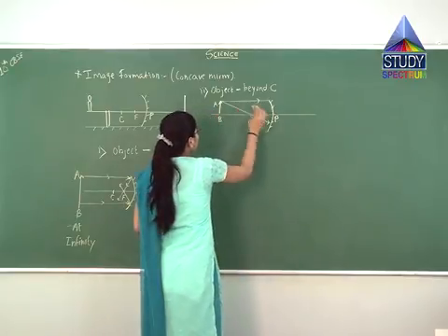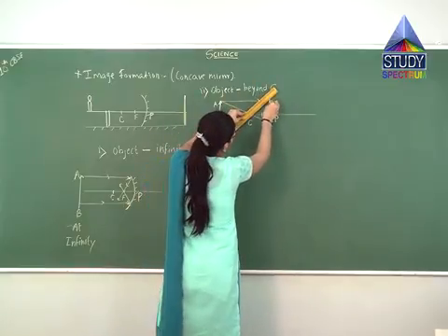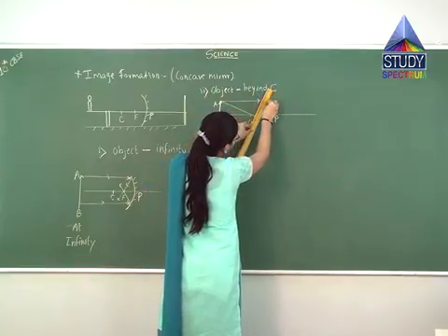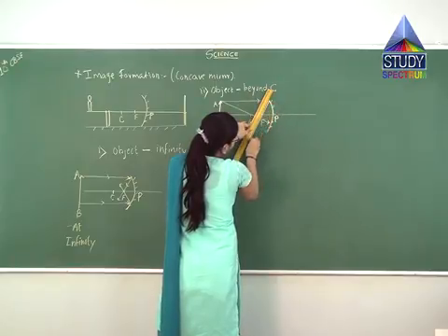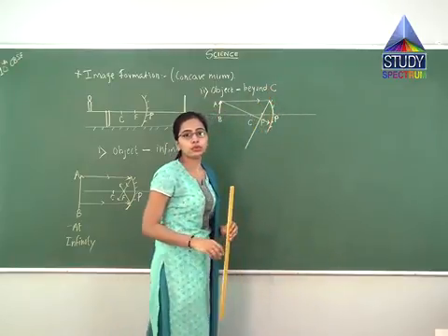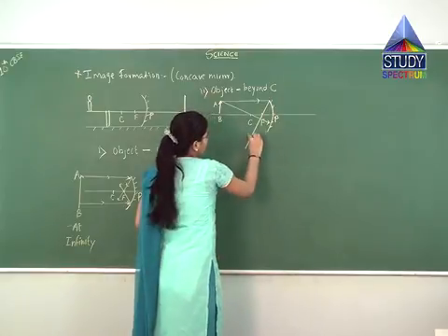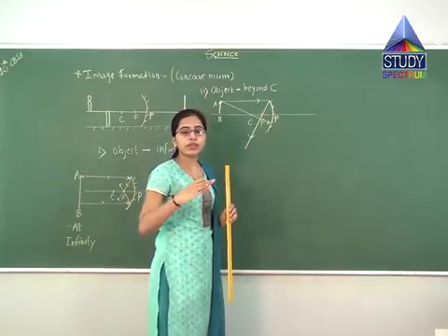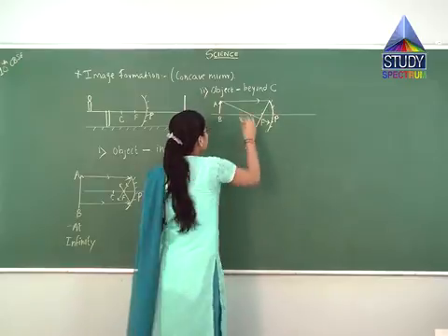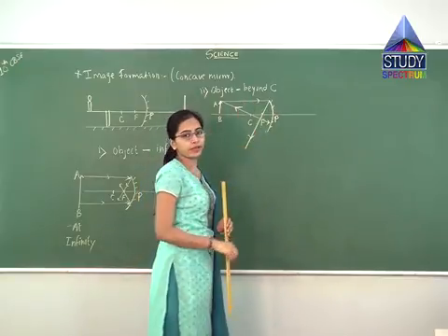So as you know, the parallel ray will go through F like this, and the ray which is passing through center of curvature will be back reflected.